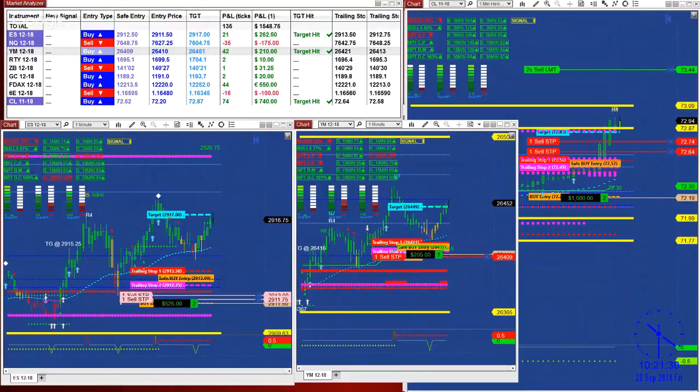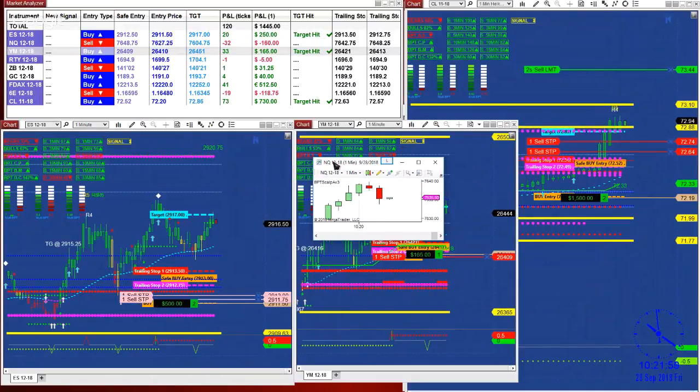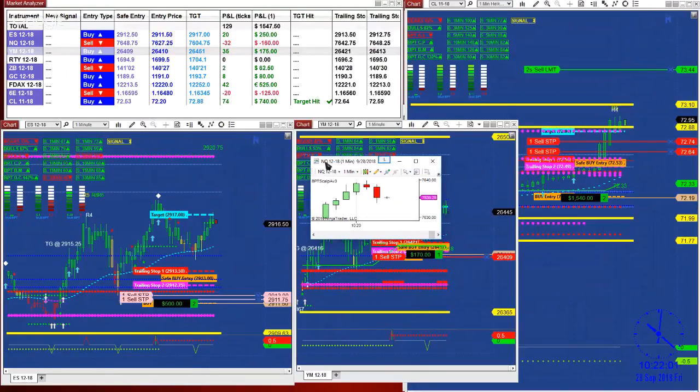The Nasdaq is 36 level. Yeah, it is 34.50 right now. This is really odd.